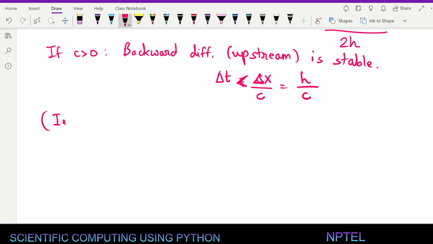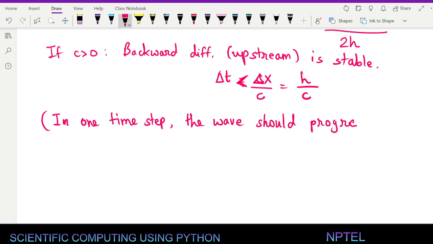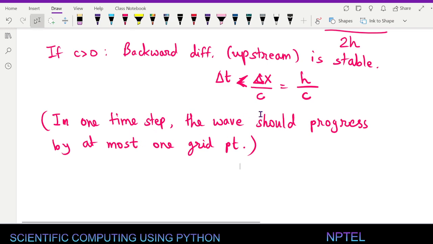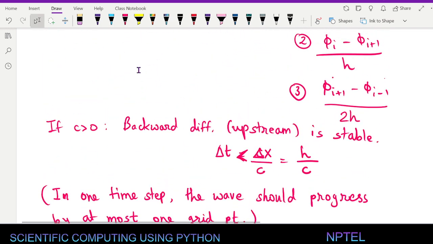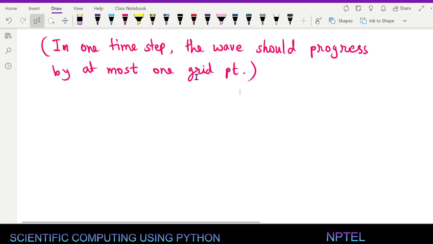So in one time step, the wave should, what's the better word, progress or propagate by at most one grid point. Again, I'm not doing the stability analysis entirely because it's there in the lectures. And if you didn't understand, then just let me know.